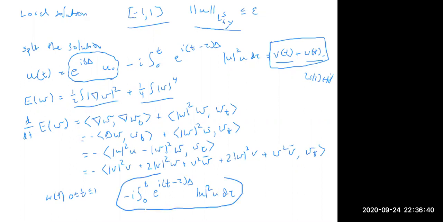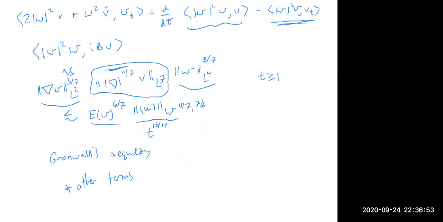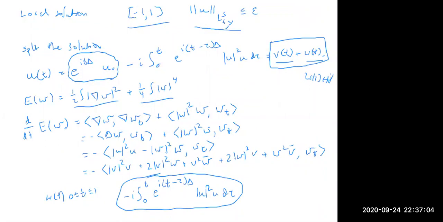So how do we put that in L2 or in H1? Well, we have the same issue that we had earlier, right? That we have this 1 over T power. So when T is 0, that's a problem. But when T is bigger than 0, then you should get better estimates.